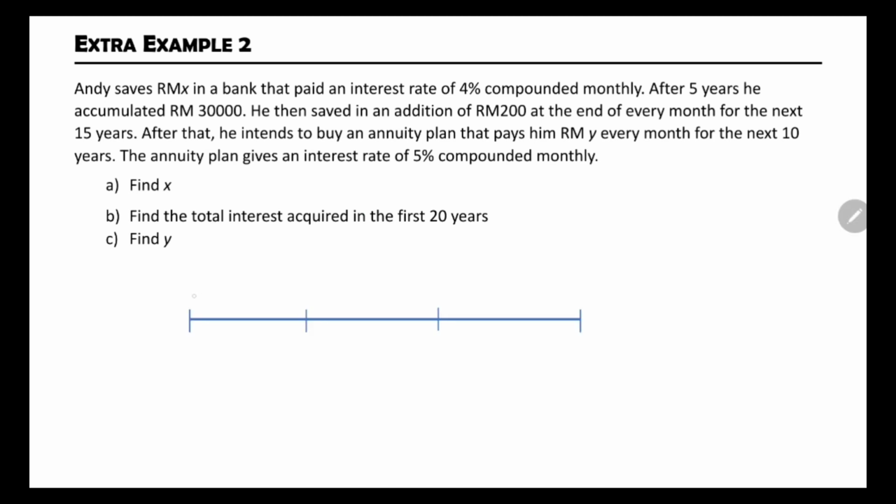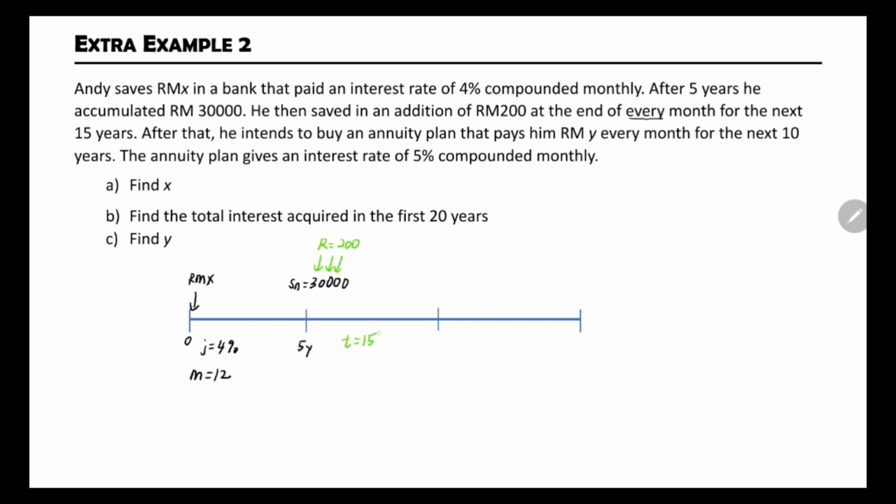We put RMX now, interest rate of 4% compounded monthly, and then after 5 years he accumulates 30,000, means SN here is 30,000. He then saves an additional 200 at the end of every month, so every means repeated payment of 200 for the next 15 years.